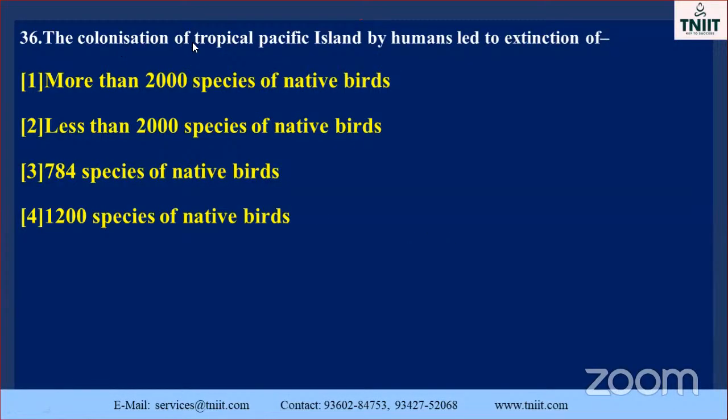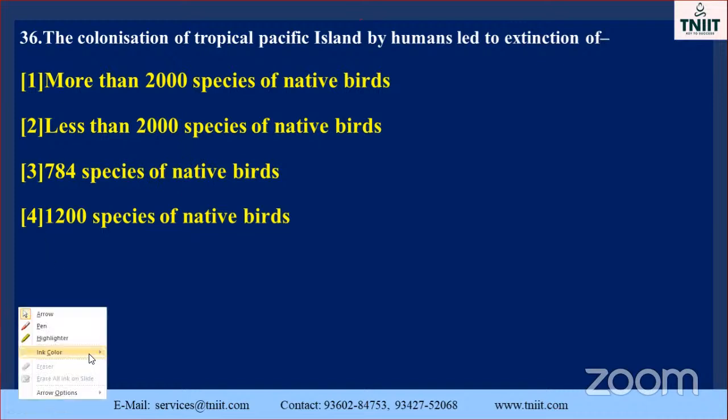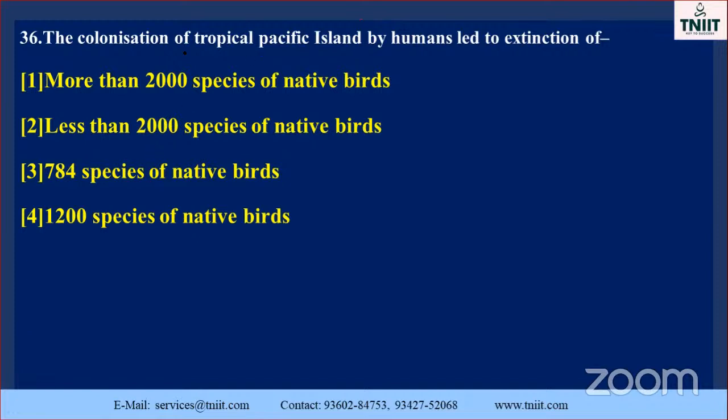See this one: the colonization of the tropical Pacific island by humans led to the extinction of... This is also, you must note it down, the numbers. Definitely, you must know the numbers, then only you will get the answer. Pacific island is a very big island, isn't it? Here they have given more than 2,000 species. Very big, I told you. More than 2,000 species of native birds is the correct one.